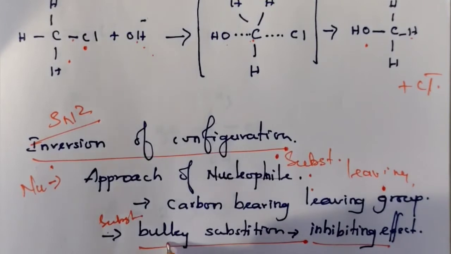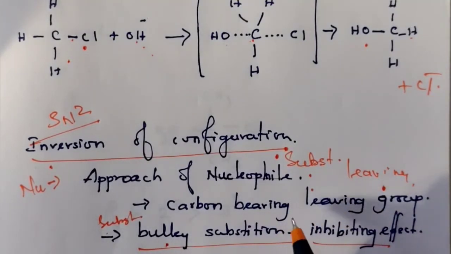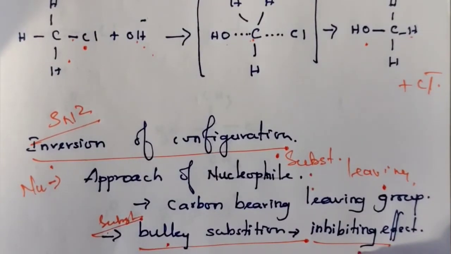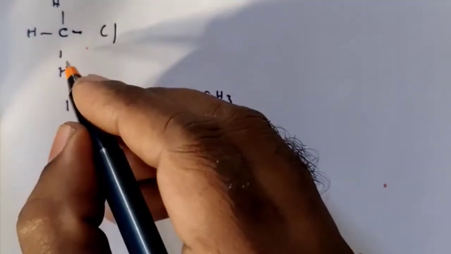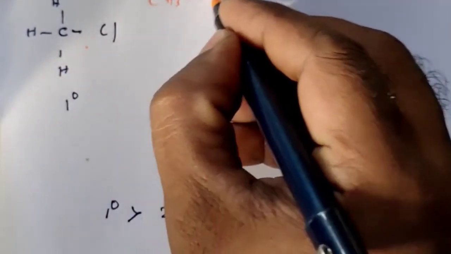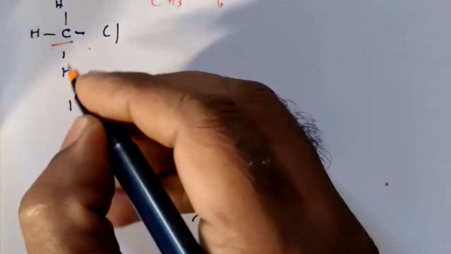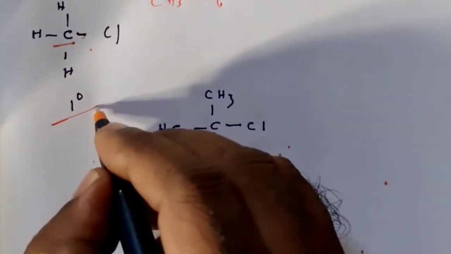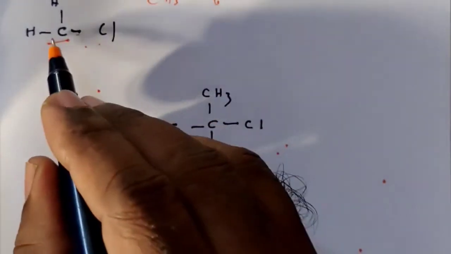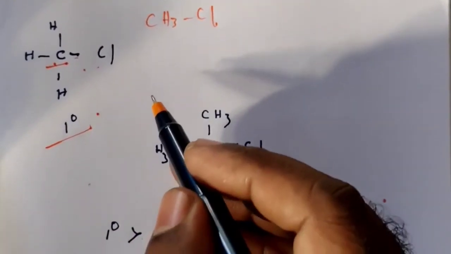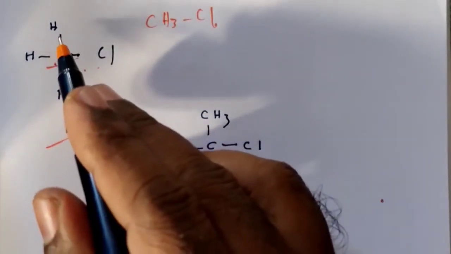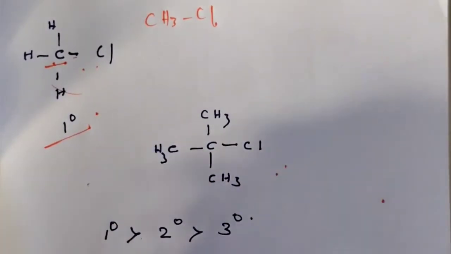So the presence of bulky groups around the substrate inhibits the rate of the reaction. For example, if you take CH3Cl, here the substrate carbon is surrounded by simply 3 hydrogen atoms.